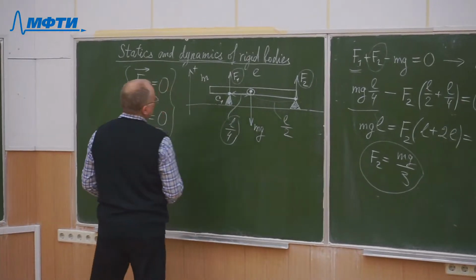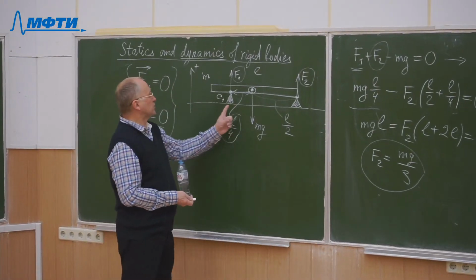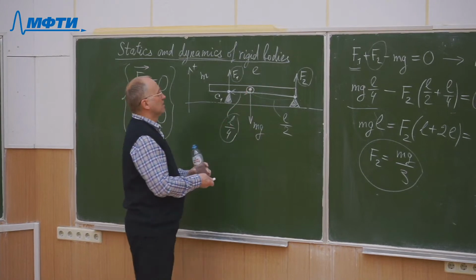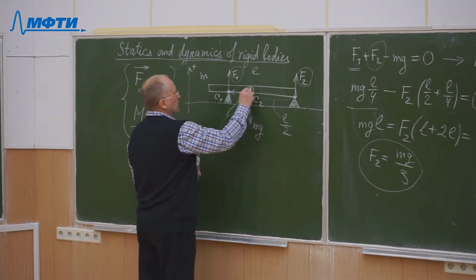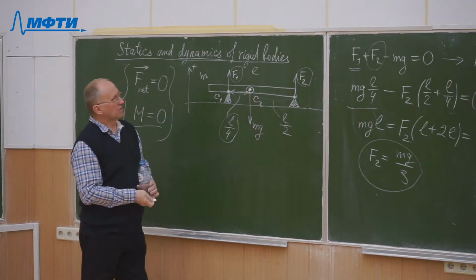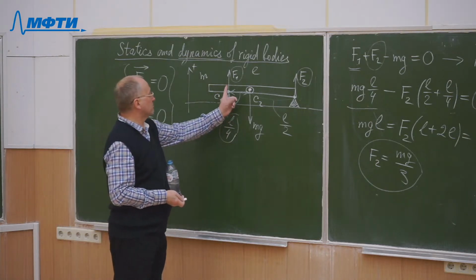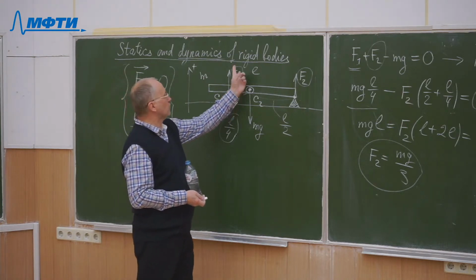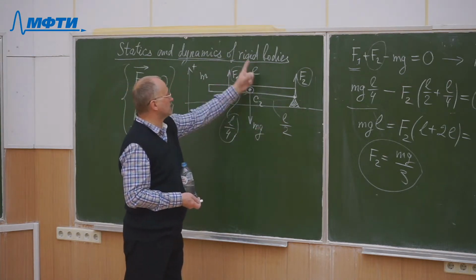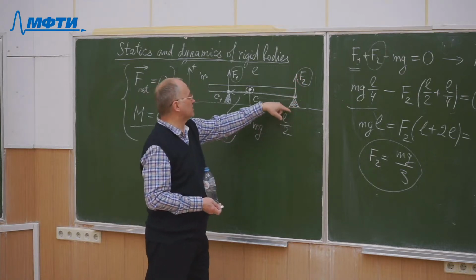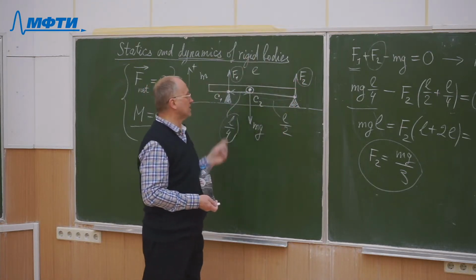Please do it. Solve this problem, assuming that the center of mass, point C2, is the point of rotation. Force F1 will tend to rotate the bar in the clockwise direction, and force F2 will tend to rotate the bar in the counterclockwise direction.